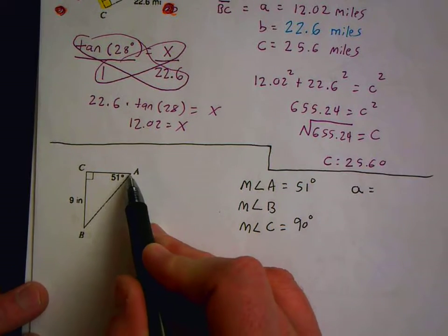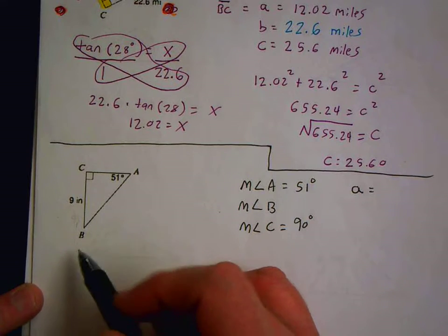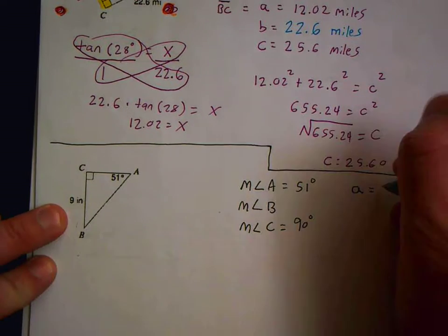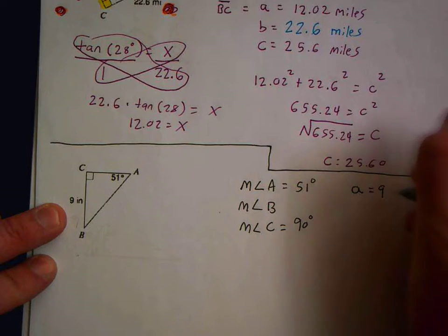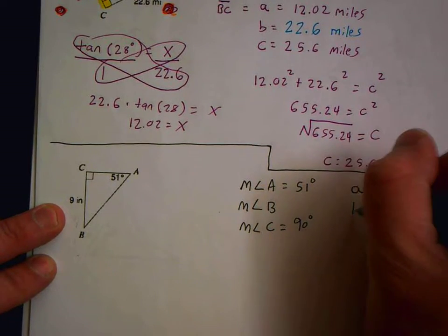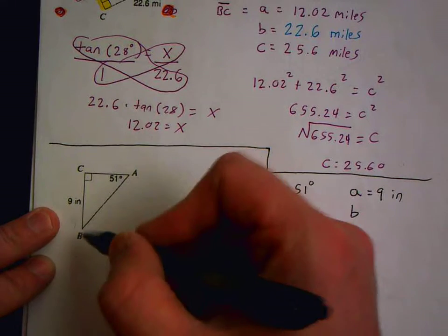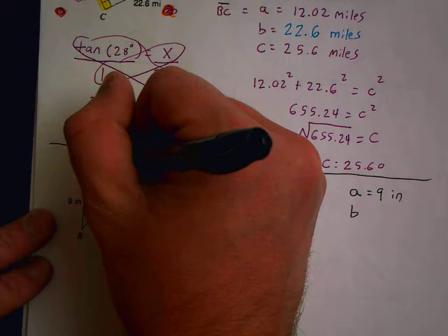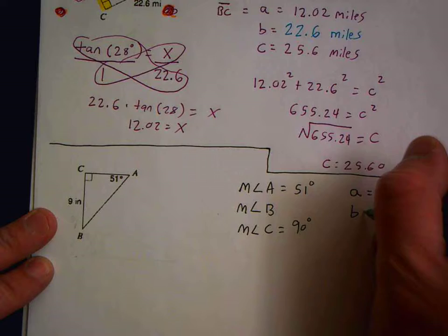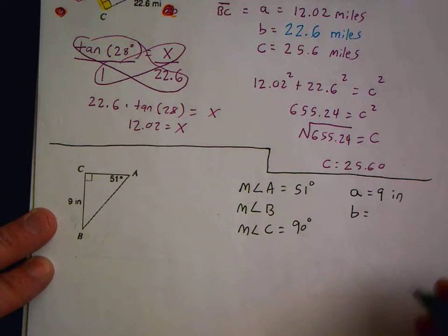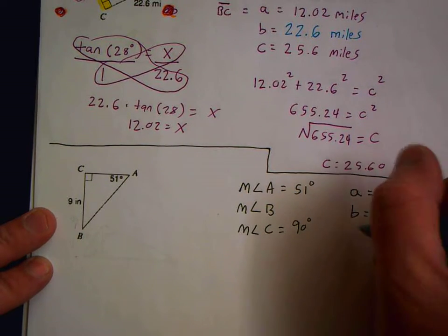Little a is the side that's across from the angle A, so that'd be 9 inches. Little b would be the side across from angle B, which we don't know. So I'll make that be, we don't know. And then little c would be the hypotenuse.